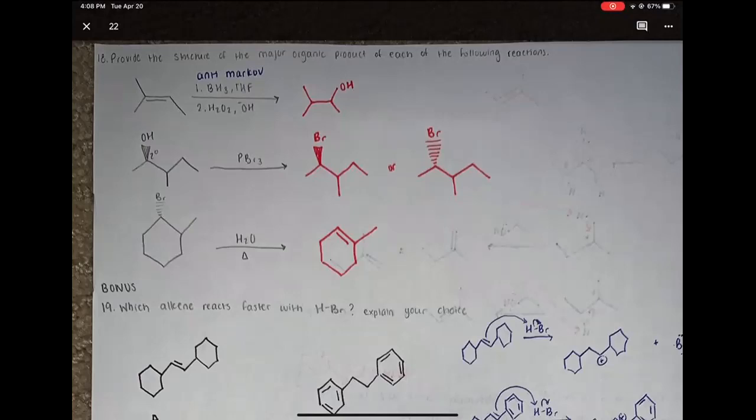Is this SN1 or SN2? Just considering the fact that we have a racemic mixture, which means that we had an intermediate. So yeah, that means that we had 2 steps, and that's going to be SN1. Thank you guys so much.